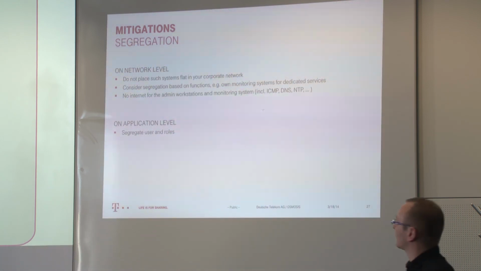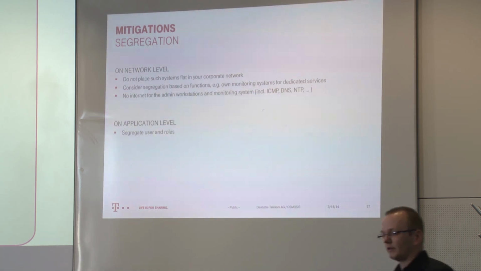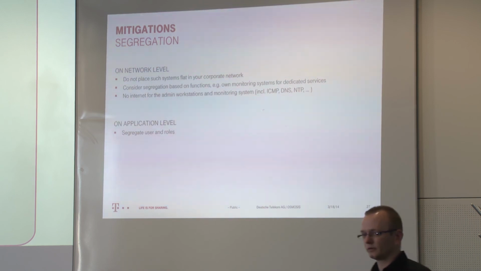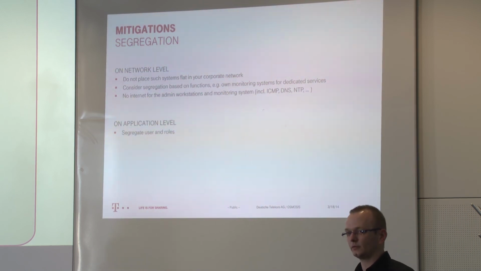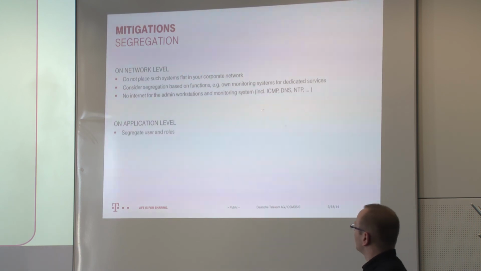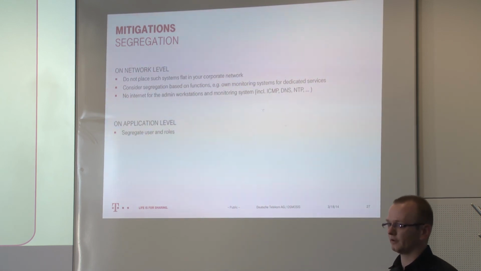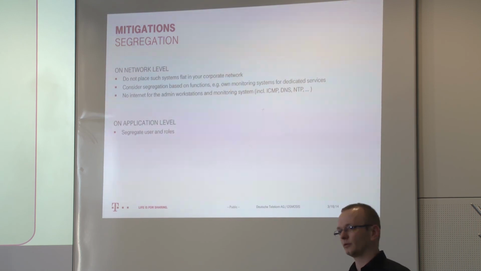Also on the network level, you can do a lot to mitigate such risks. Don't put your systems flat in the corporate network. Use a firewall in front of the system to check it. Also, consider segregating the monitoring system by function, so that you don't have one central system with access to all of your network elements.